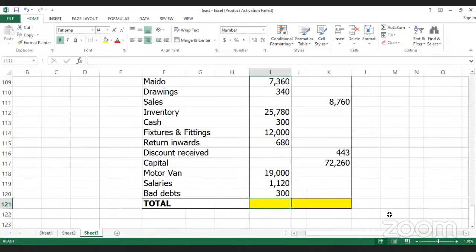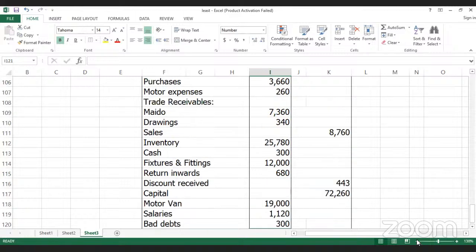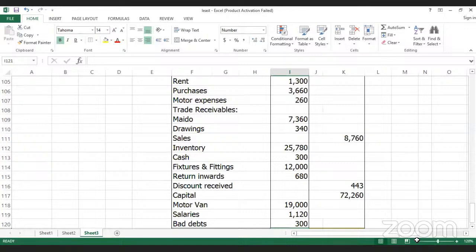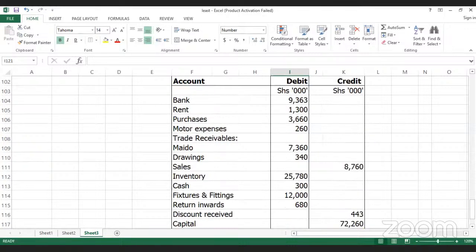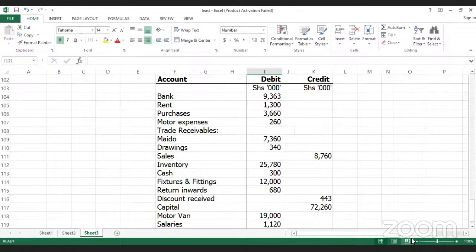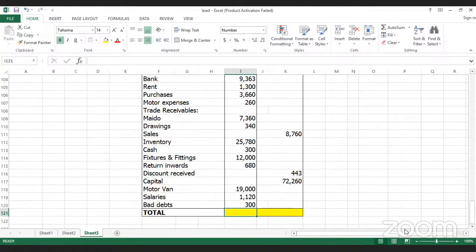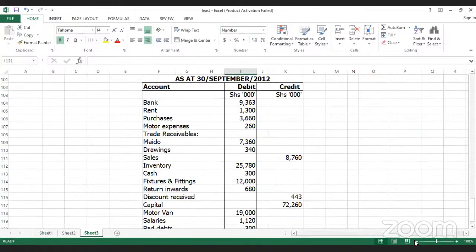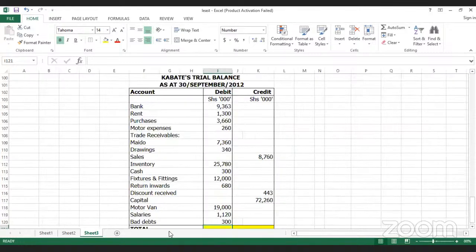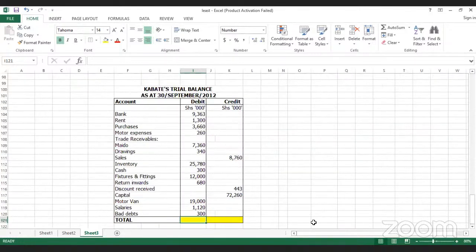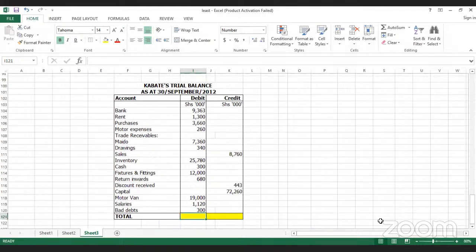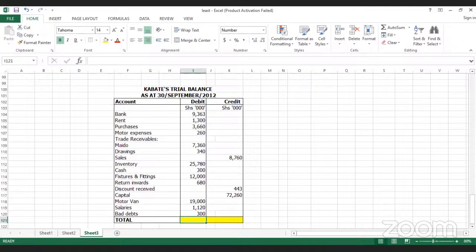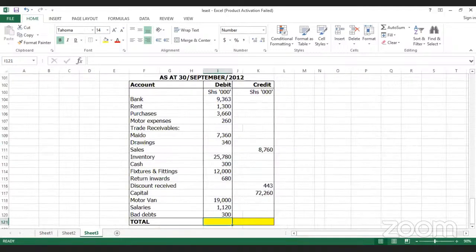Sum up and get the totals, debit and credit.